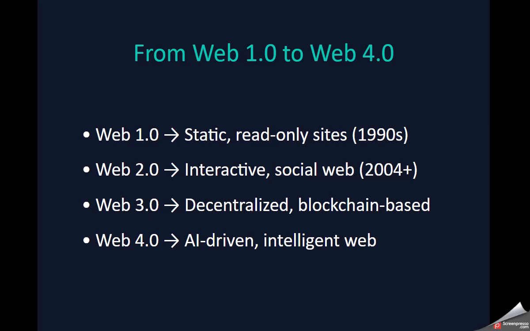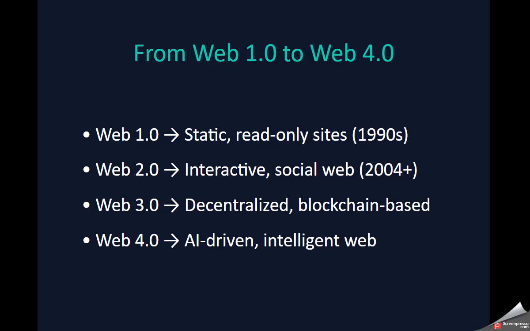Then the future, which is what? Web 4 is the AI-driven and intelligent web. In this case, it is a fully integrated, AI-powered and interconnected world. The web understands your emotion, preference, and environment. Humans and machines collaborate seamlessly.